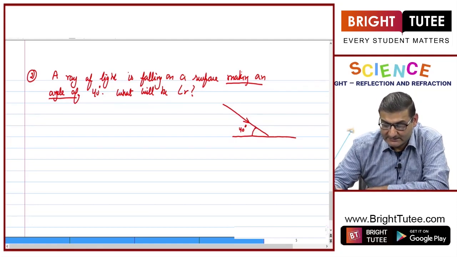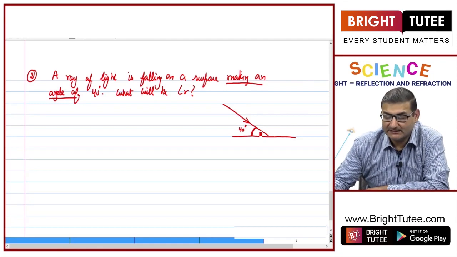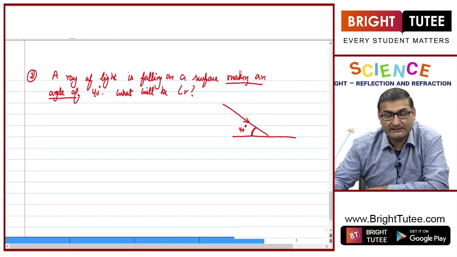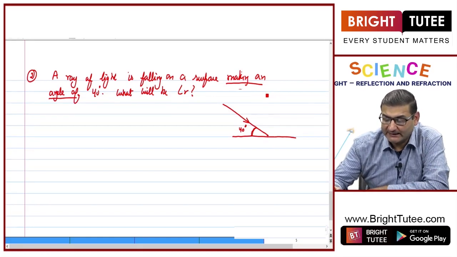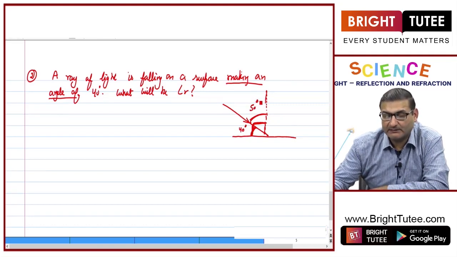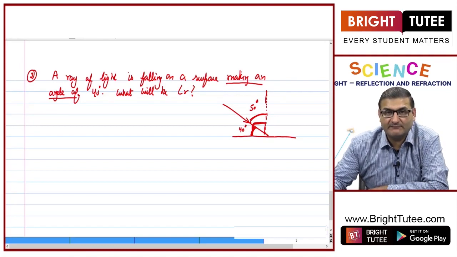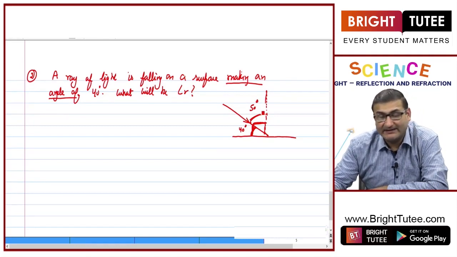Now if this particular angle is 40 degrees, we are not given this to be the angle of incidence. How are we going to find the angle of incidence? This was the point of incidence. After drawing a normal, we will find the angle of incidence. With the normal, the whole of it is 90 degrees. Out of these 90 degrees, if this portion is 40, then this part, the angle of incidence, which we are concerned with, is 50 degrees.